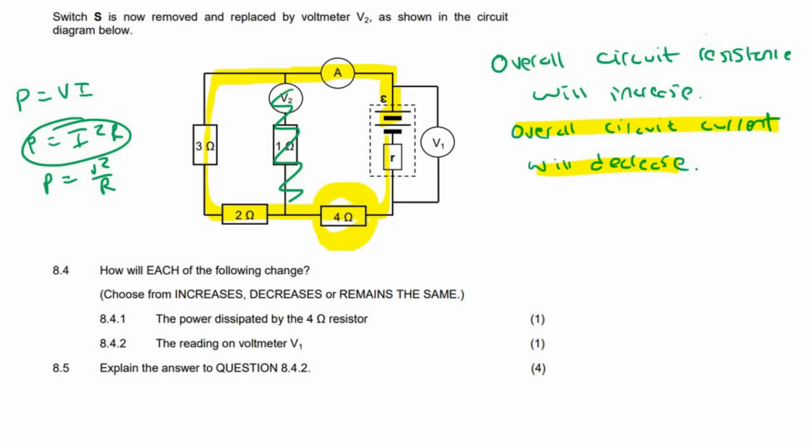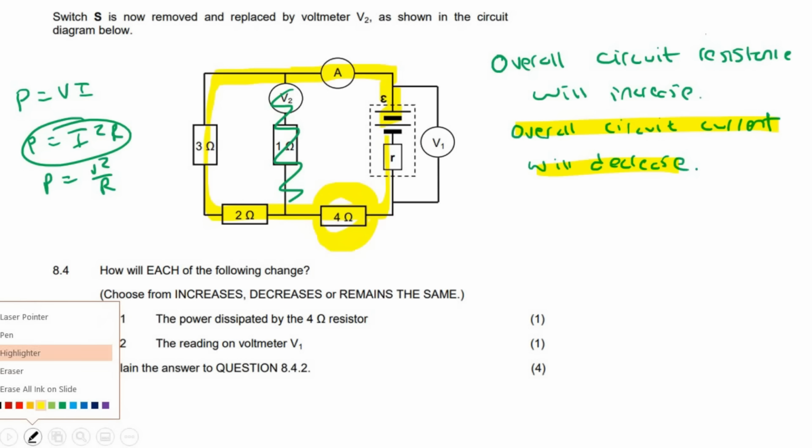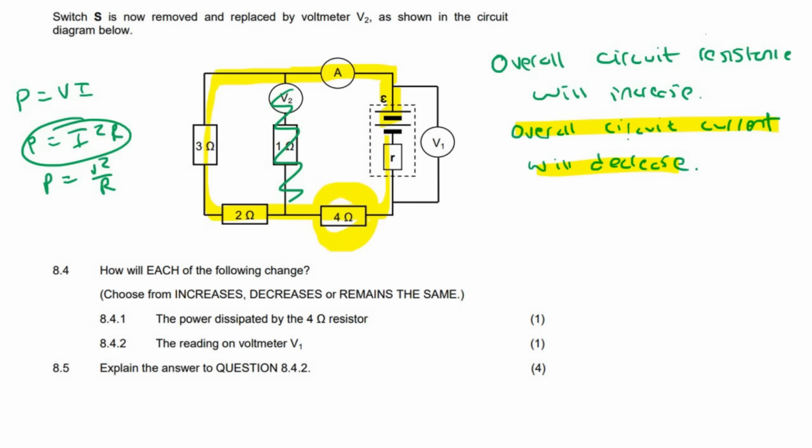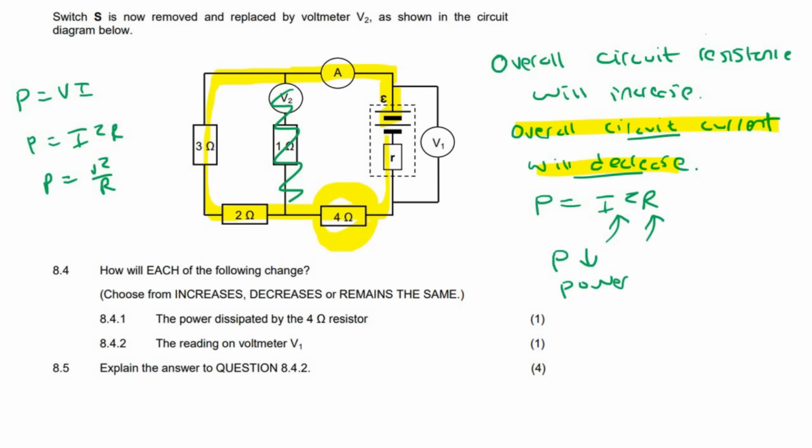So the current in here is going to become less. So if we then use this formula, we know that this is a constant and this is going to become less. So the power will become less. So the power will decrease. So we're going to say decrease over here.